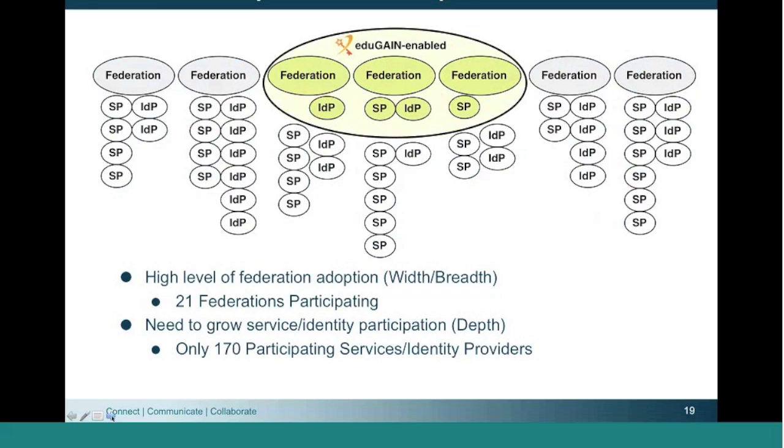And we're looking for very useful and compelling applications and collaboration opportunities that will make people want to make that step from, our country does participate in EduGAIN, to our institution or our service should also participate. And we're hoping that a project such as CTA will be one of those compelling reasons.